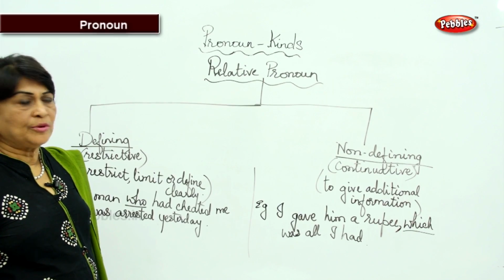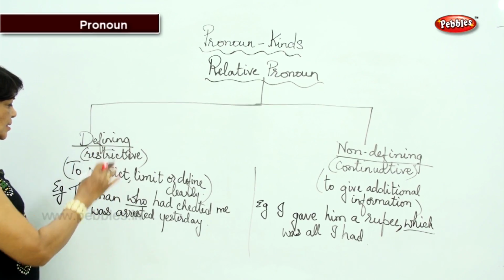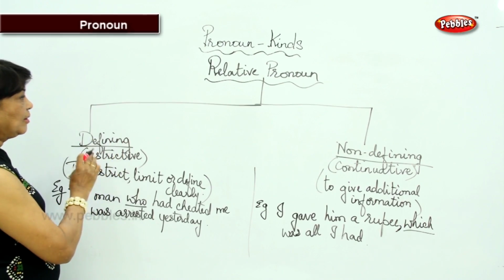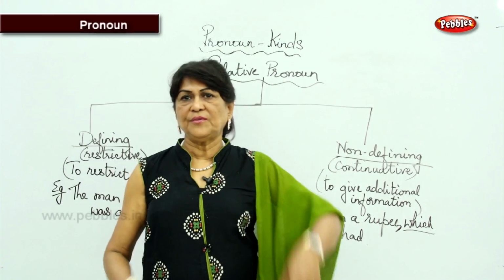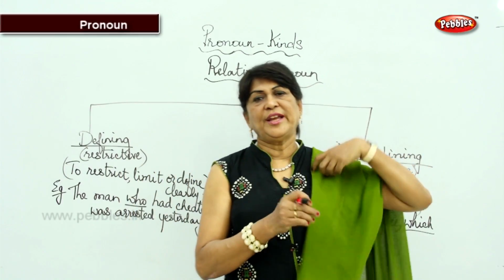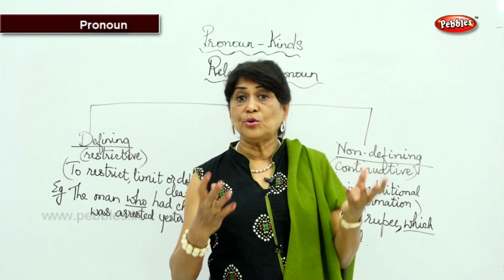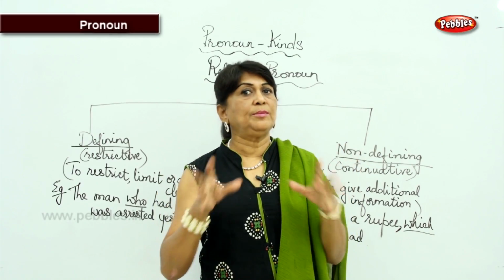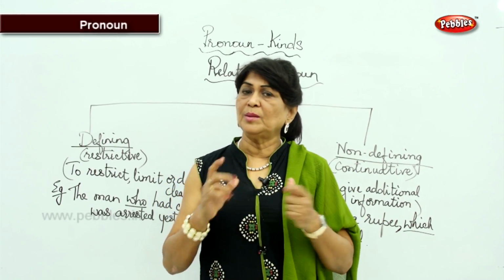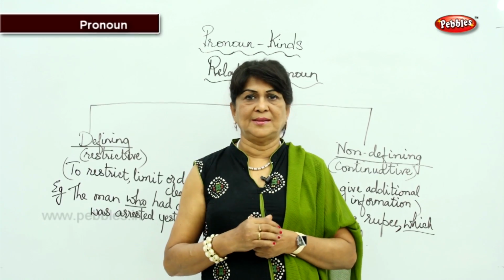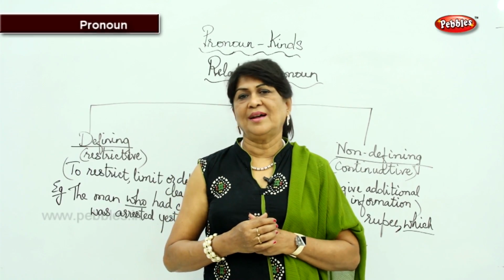Okay, relative pronoun. Here it is defining or restrictive relative pronoun. Have you understood the difference between the two, defining and non-defining? Because when you do clauses, this will be used. This relative pronoun, defining and non-defining, will be used in the clauses when you go into higher classes.